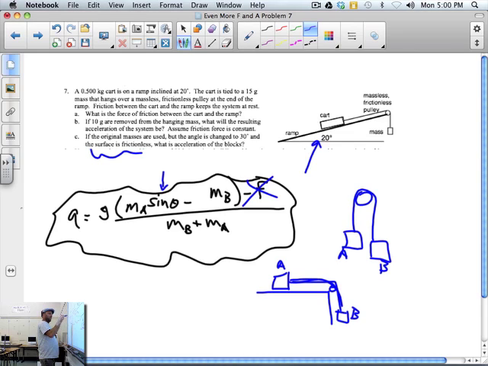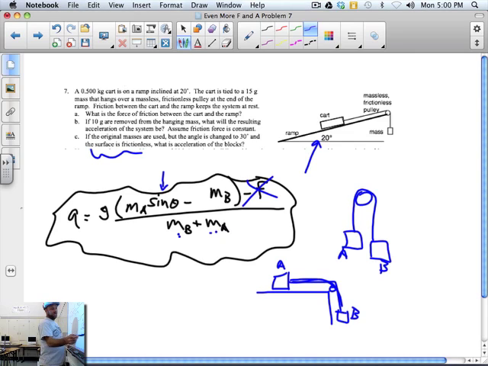So we get MBg, basically the weight of object B, and that would be the only unbalanced force pulling on this entire system, and these two masses would be the total mass of the system. So that makes perfect sense.